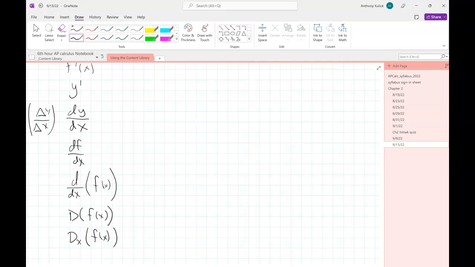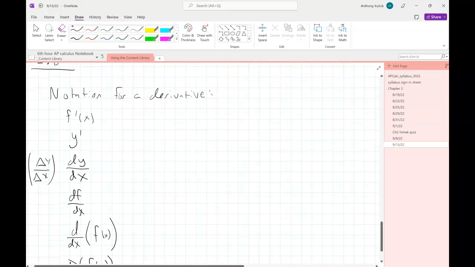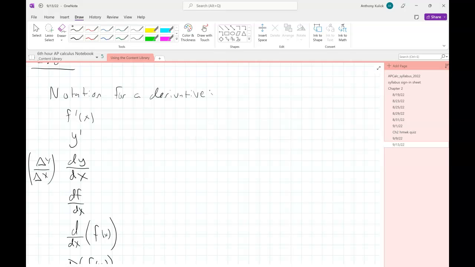So we have all these different ways to say the same thing, and I'm just going to pick the one that's convenient for the instance we're working with. I'll start mixing in some of these as we go so that it becomes a little less foreign if you see something weird. Those first three are probably the three most common ways of writing a derivative, at least at this level.